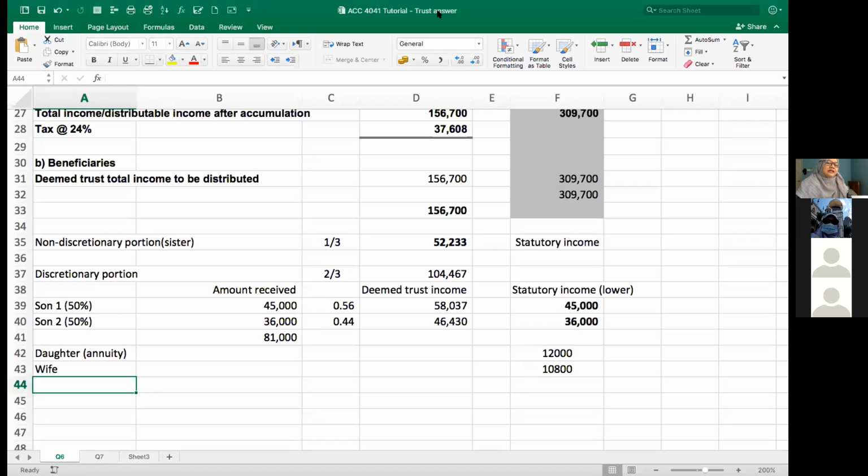Management fee kena is a non-allowable expense. The trust fee, the trustee fees. But tapi dia carrying business, right? So is it okay? Ada mention. Doctor? Yes.